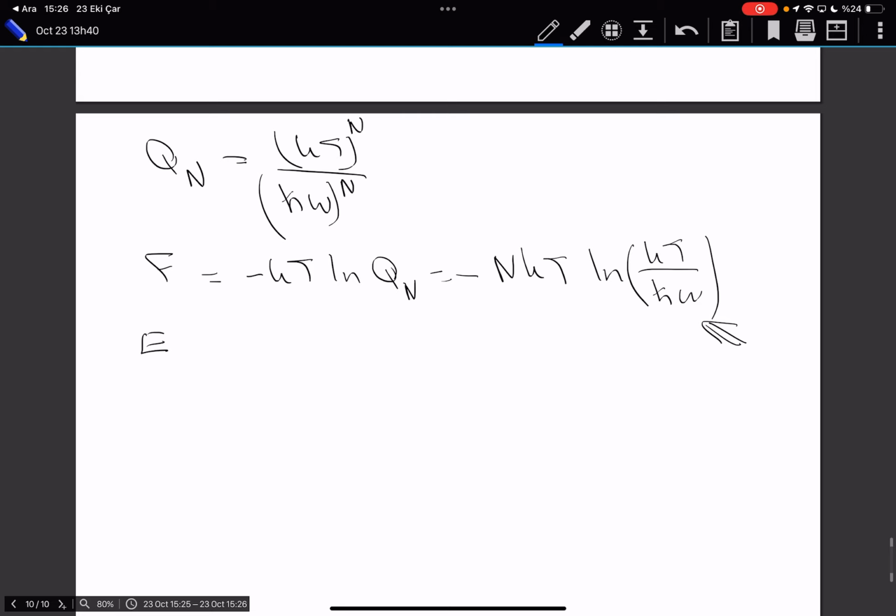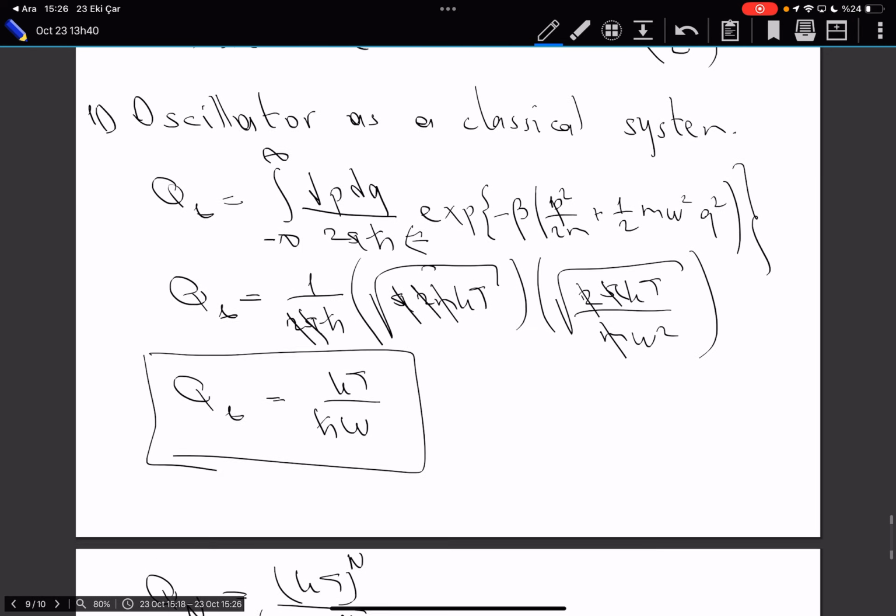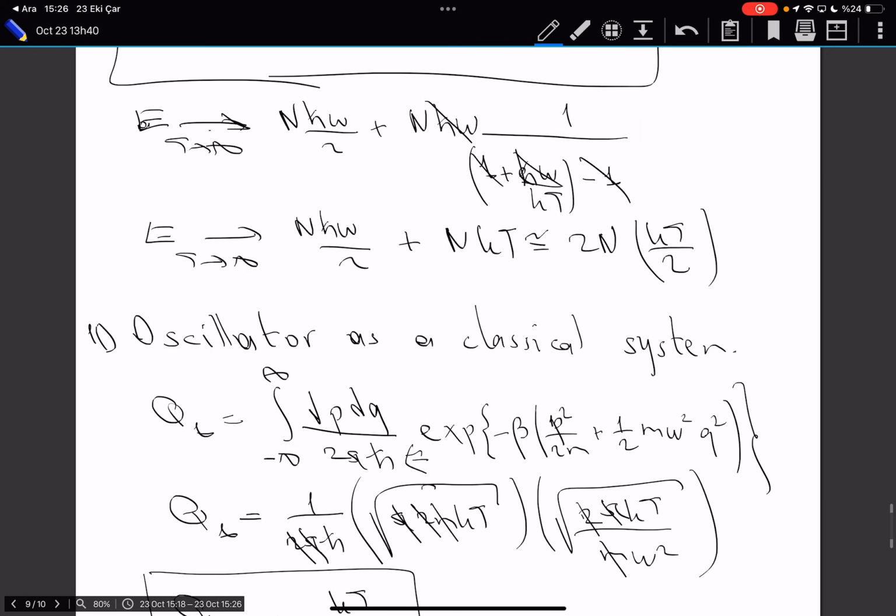For example, if you look at the energy, which is minus T squared derivative of free energy over T with respect to temperature, this will be minus T squared times minus nk over T. This is nkT. The energy is nkT, just like the classical result.